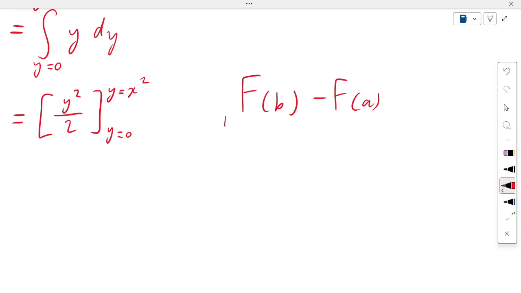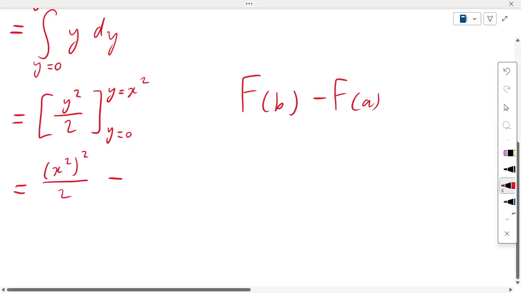So we're dealing with the upper limit, then the lower limit. It's going to look like this: we substitute x squared into y, all squared, over 2. This is going to be minus, now we plug in the lower limit, 0 squared over 2.